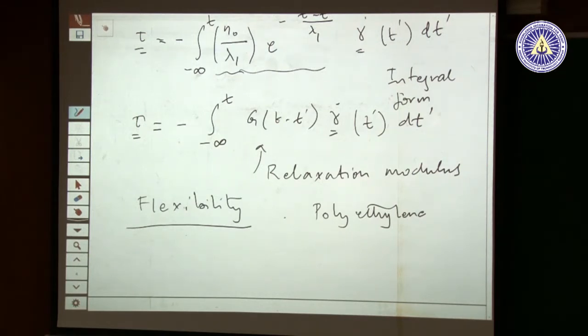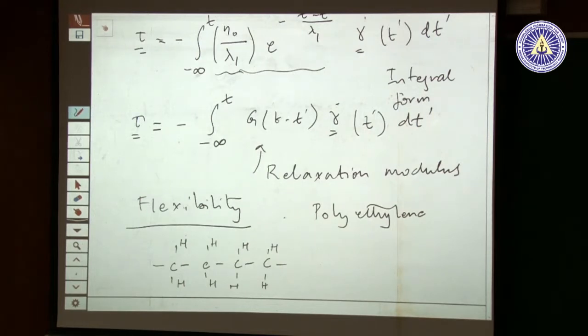So what is polyethylene? You have these carbon bonds, and each of them is connected to 2 hydrogen bonds, and these carbon bonds go on and on and on. So, you can have from a few thousands to several million, right.